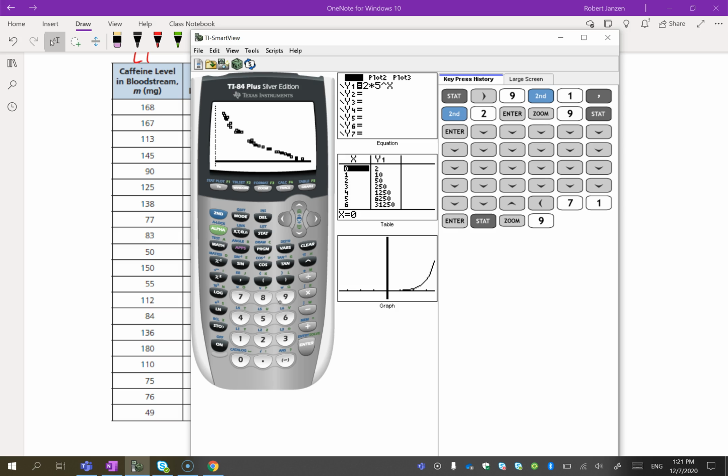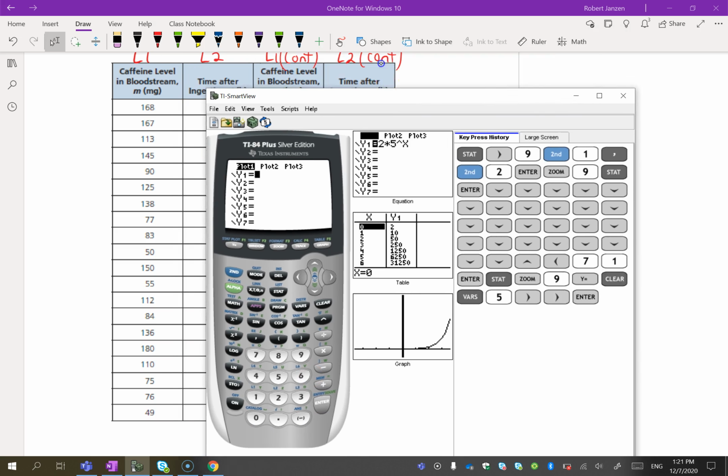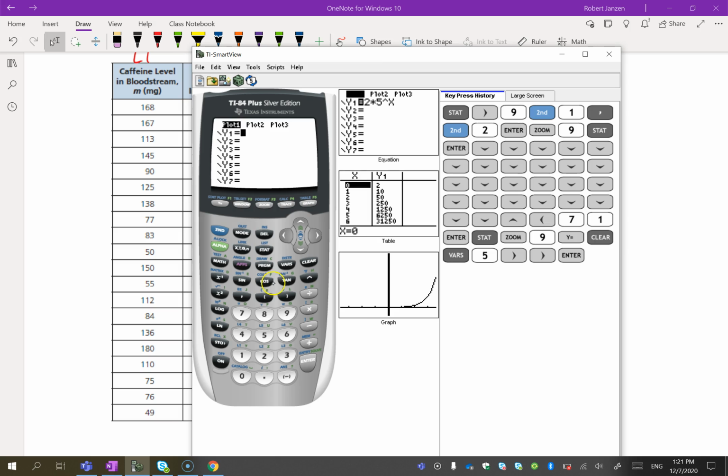But let's now figure out the regression equation. Oh, we already did that. Let's paste it. So y equals, let's clear that. Let's go vars 5. Oh, did I not calculate that already? Yeah, I did.